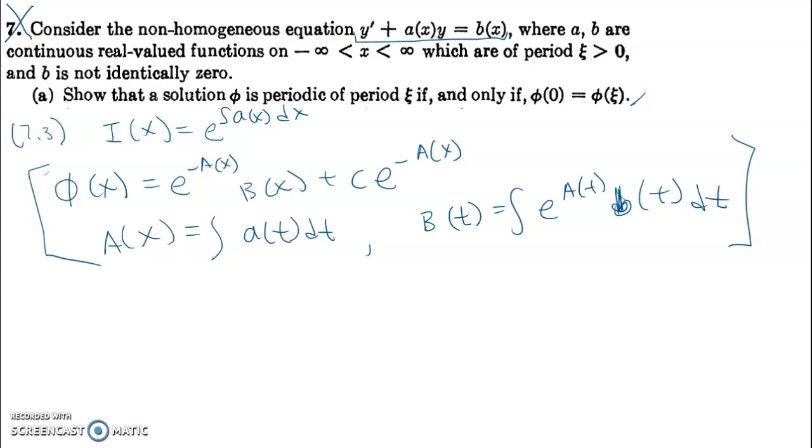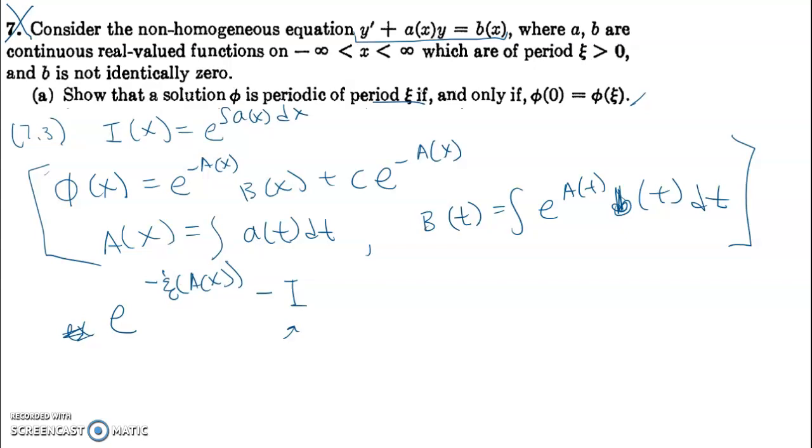So we first observed that the matrix e to the power of negative eta times A of x, where our period is eta, minus I, our identity matrix, is invertible.